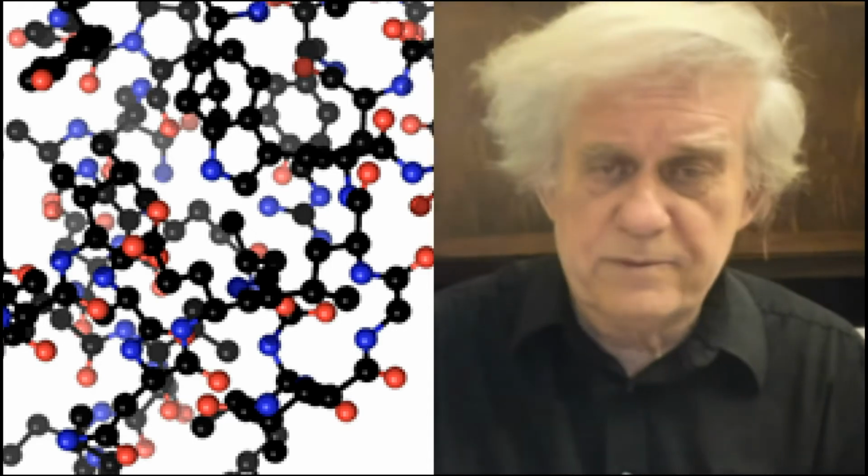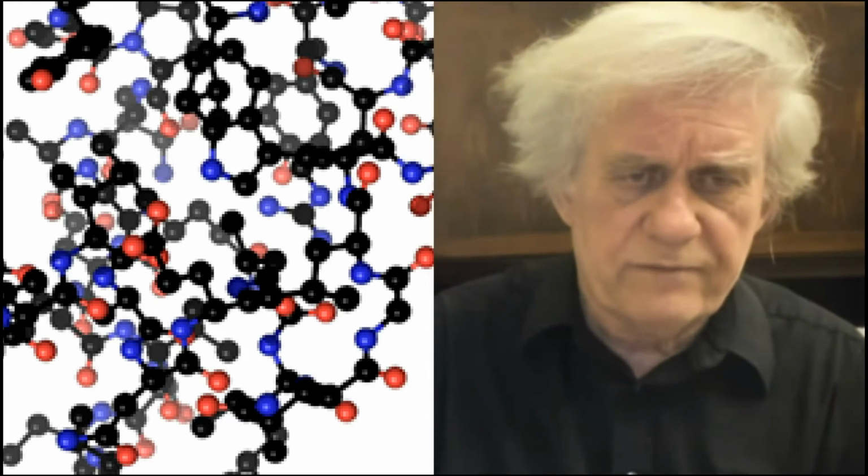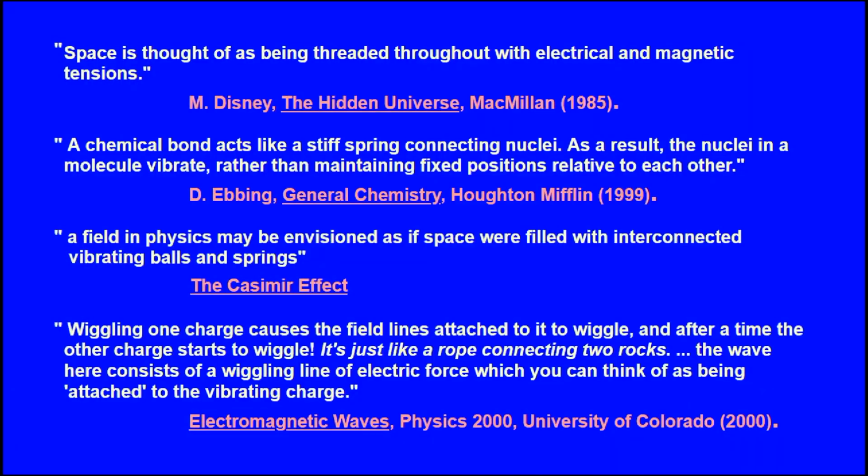And so here's the evidence, proof. Everybody wants evidence, proof. Here's authority for you, for all those who believe in authority. Here are different people who talk about it. First one says, space is thought as being threaded throughout with electrical and magnetic tensions. Threaded throughout with tensions, whatever those are. You can't thread with tensions. You need a physical object if you're going to do some threading.